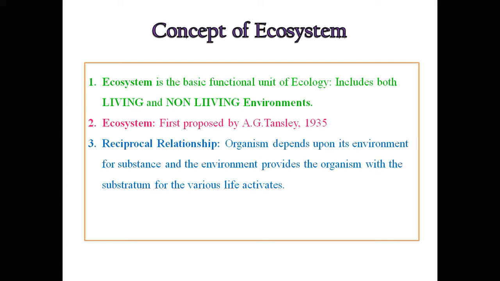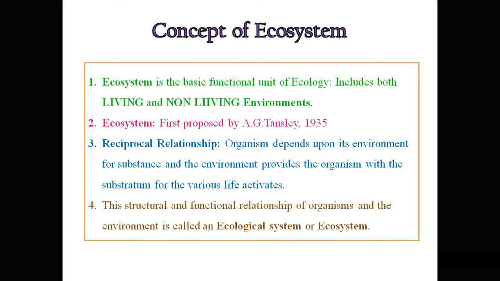Organism depends upon its environment for substance and the environment provides the organism with the substratum for the various life activities. This structural and functional relationship of organisms and the environment is called ecological system or ecosystem.